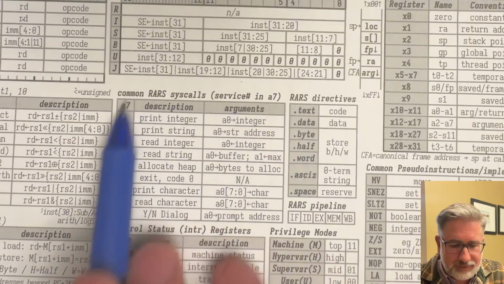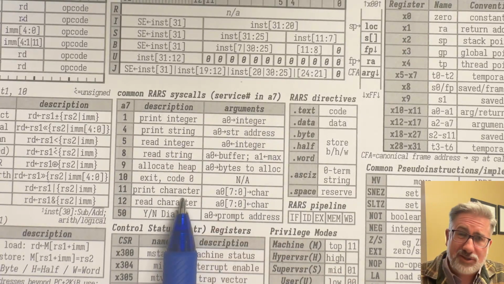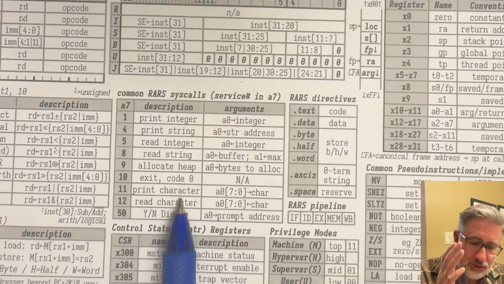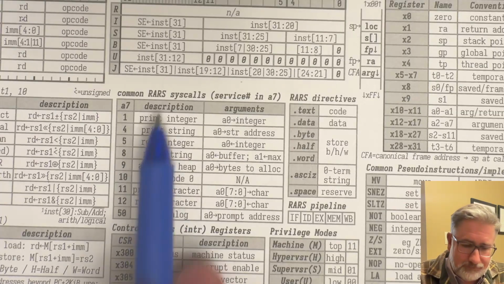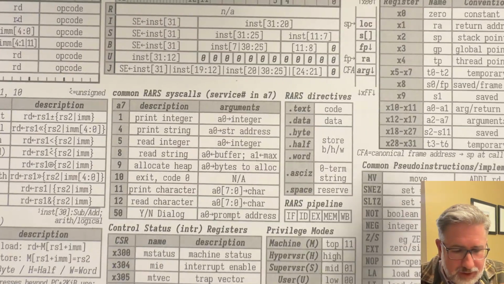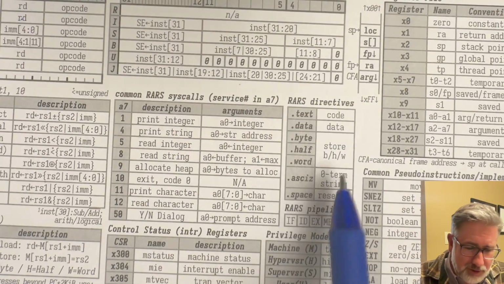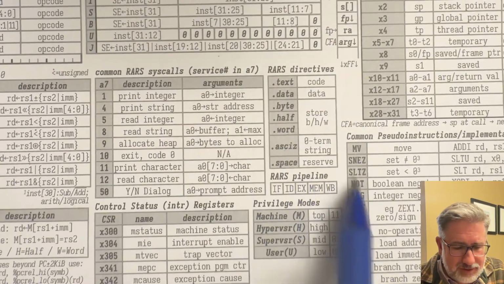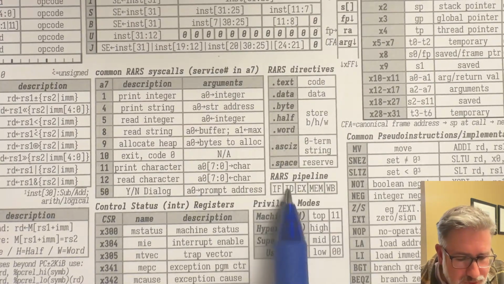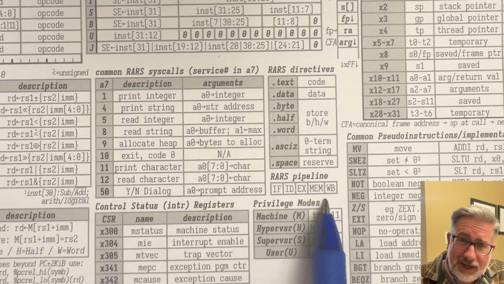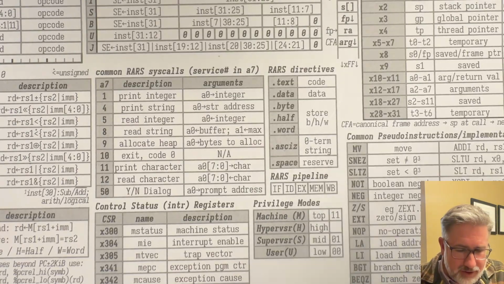Then in the middle here, I've got common syscalls that appear in RARS, RARS being the RISC-V assembler and simulator. And then the common assembler directives that you might use when writing code in RARS. I didn't mention we've got a little 5-cycle pipeline that would be the sort of standard that would appear in RARS.